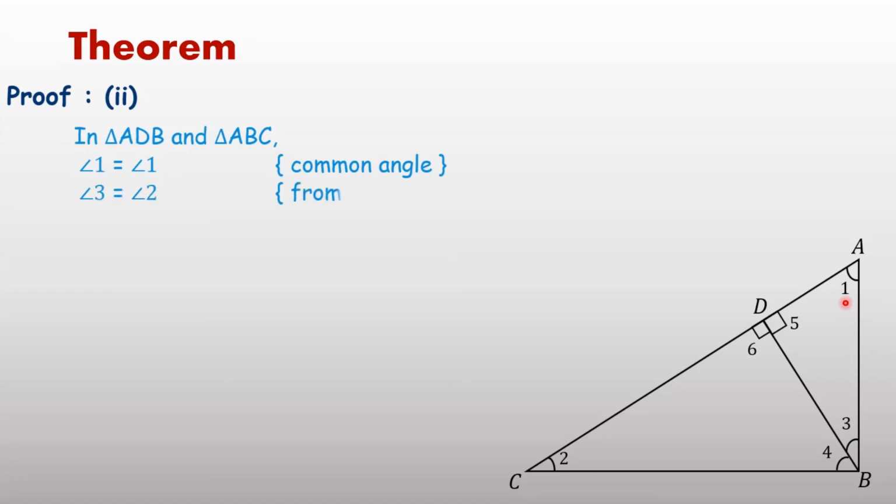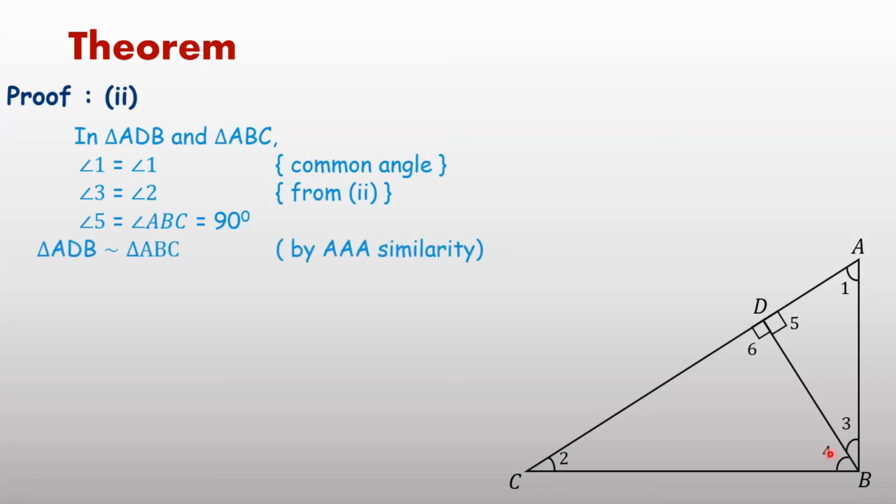Second, angle 3 equals angle 2 from equation second, which we have already covered. And third, angle 5 of the smaller triangle equals angle ABC of the larger triangle, equal to 90 degrees. Therefore, again, both triangles are similar by AAA similarity.